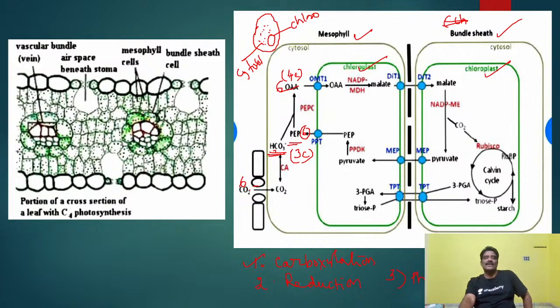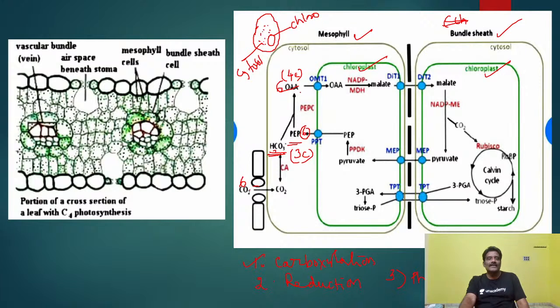This is the first product formed in C4 plants in the cytosol of the mesophyll cell: OAA, oxaloacetic acid. Whereas in the C3 cycle, PGA, a 3-carbon compound, is the first product. So the carboxylation process is over.